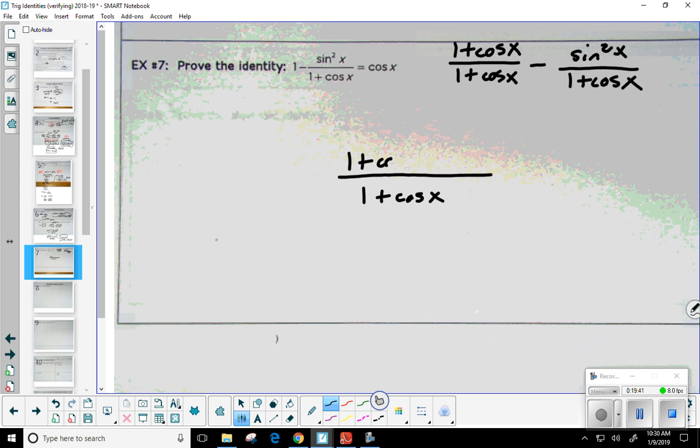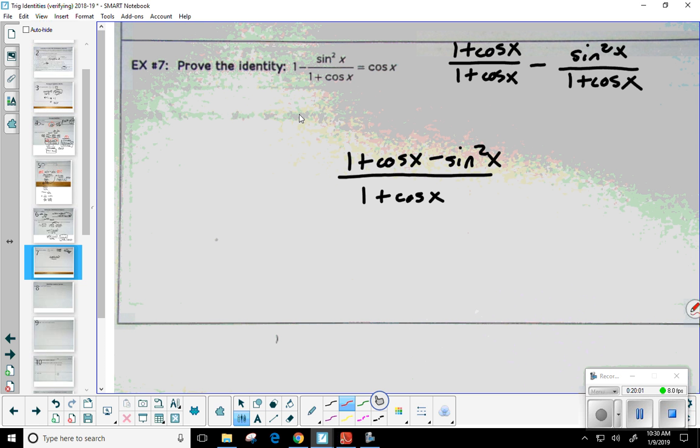So I have 1 plus cosine of x minus the sine squared. Okay, now here's what I did. You'll notice I can use an identity in the numerator. Which one do you think I'm looking at? The sine squared lets me use Pythagorean.